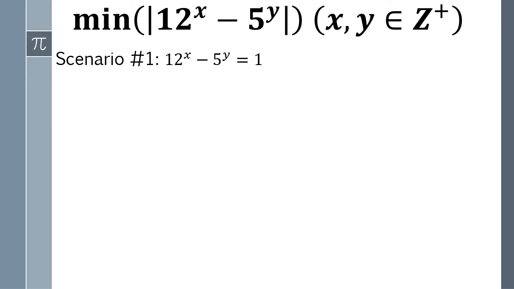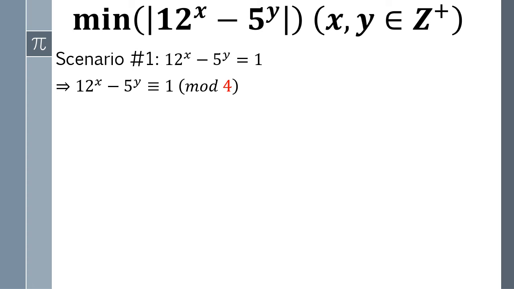Scenario number 1, 12 to the x power minus 5 to the y's power equals 1. Similar to what we did before, we need to turn this equation into a congruence expression. But the question is, what modulus are we going to choose? We can choose 3, 4, 5, or 6, each of which will give you a different conclusion. Here, let's choose 4 as a try.